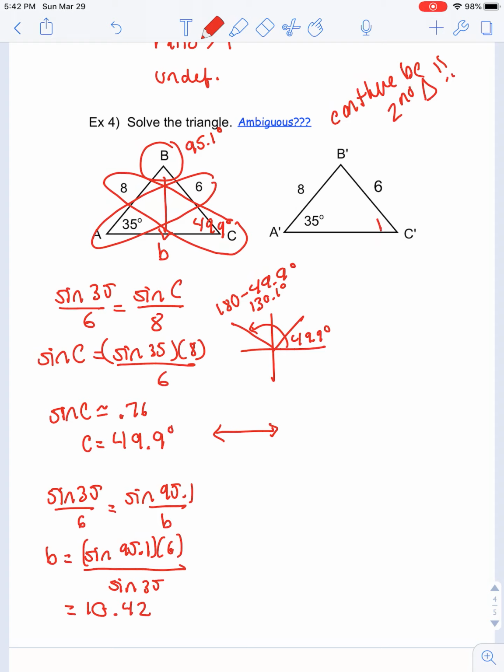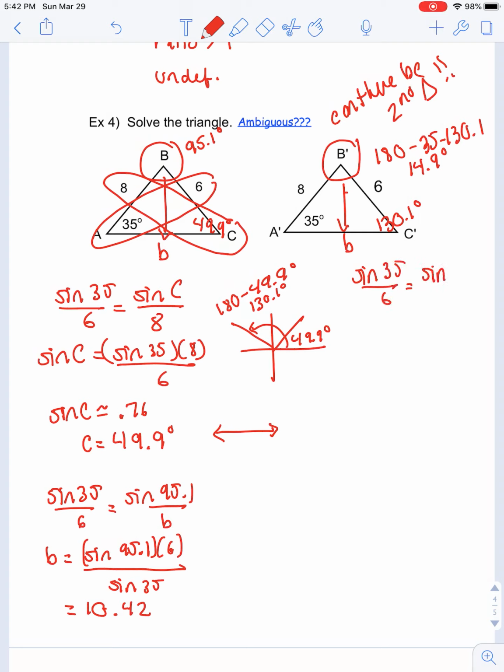In the second situation, if angle C was 130.1 degrees, then angle B would be 180 minus 35 minus 130.1. So in this case, angle B would be 14.9 degrees. We do have a second triangle. We're still going to need to solve for side B by setting up our law of sines ratios.